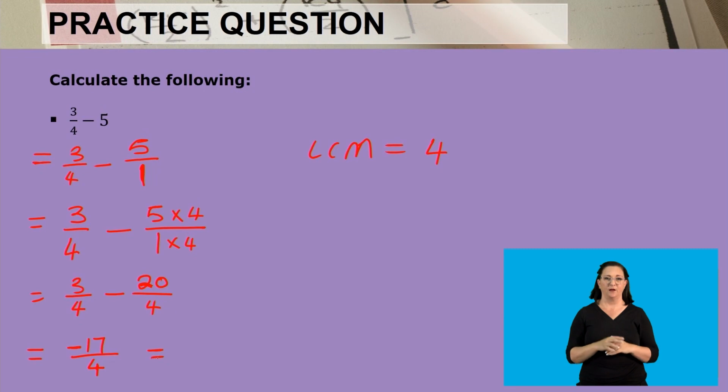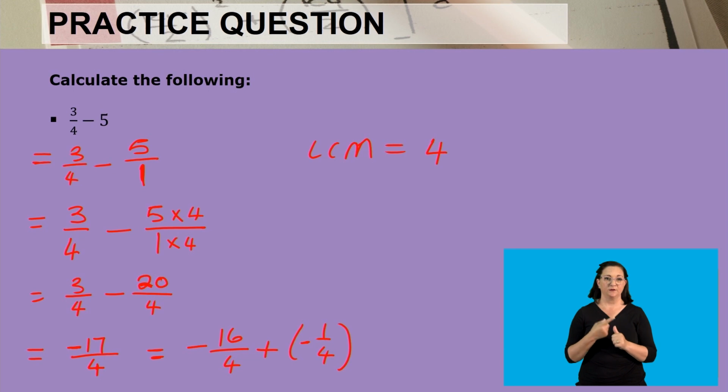So how do we change it? I'm going to think of the multiples of 4, and the first one that comes to mind is 16. So that is negative 16/4 plus a negative 1/4. Now they are both negative because they come from a negative improper fraction.